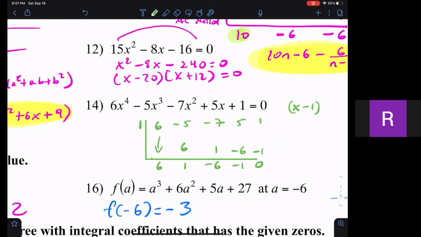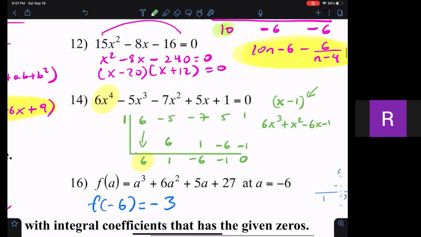So this is going to be 6x cubed. It's always 1 degree less, okay? If this is degree 4, this has to be degree 3, depending on what you're dividing by. Since this is a binomial to the first power, that's the reason we're getting to the third power. So 6x cubed plus x squared minus 6x minus 1, okay? So that's what we're getting.